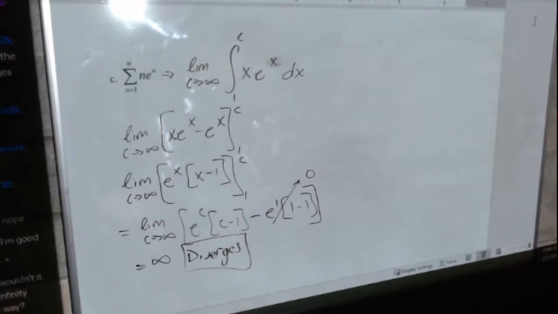I mean, you still get diverge, but you'd have maybe a little different reasoning. But I think you might get confused if you try to do the infinity times infinity argument. But yes, you can do it either way.